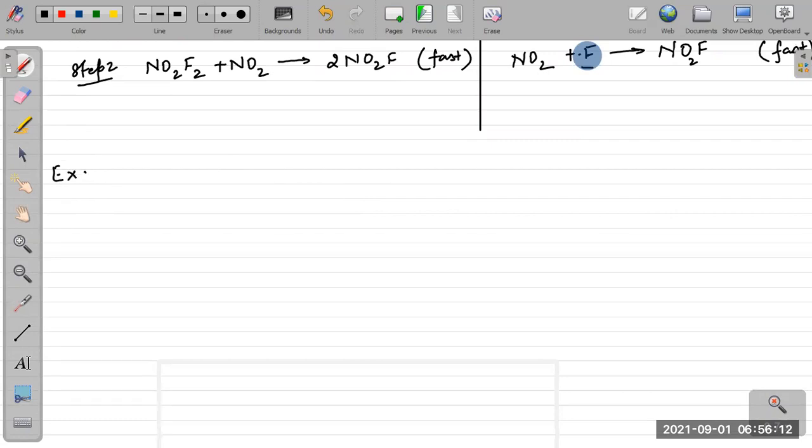Example 3. NO2 plus carbon monoxide gives CO2 plus NO. Now, for this, the experimental rate law has been like this.